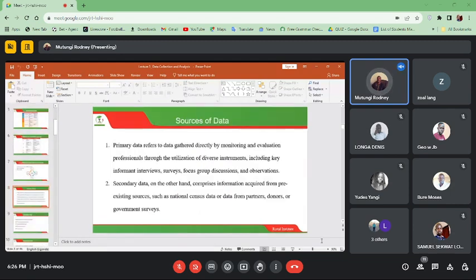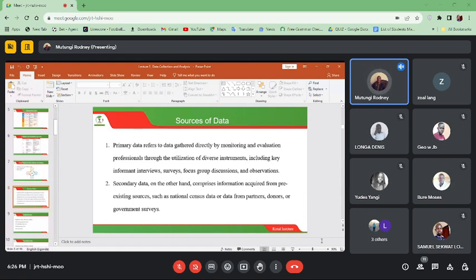So, sources of data. Like we had said in the first or inaugural session of M&E in nutrition programs, we said we can collect data by going into the population, okay?